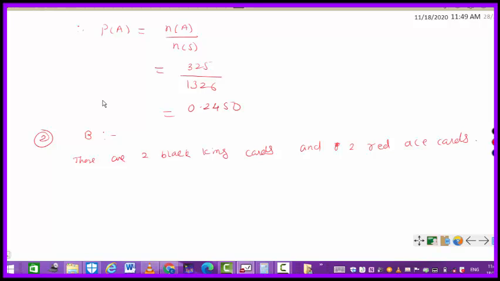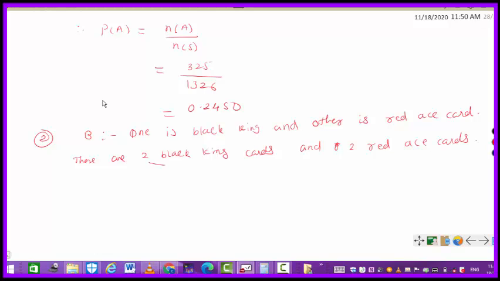What is that event? One card is a black king and the other is a red ace card. So in how many different ways can this event B happen?